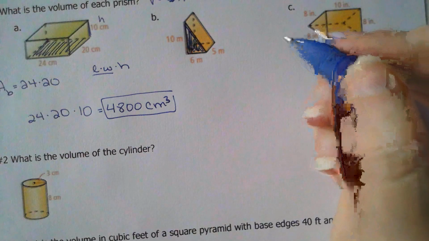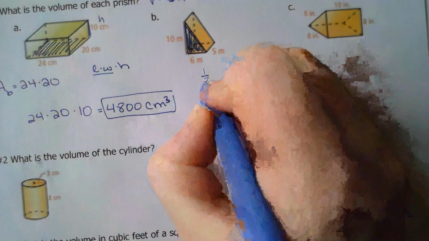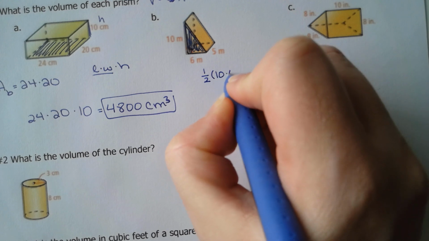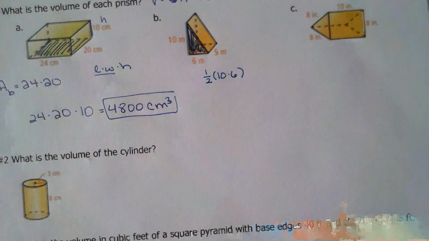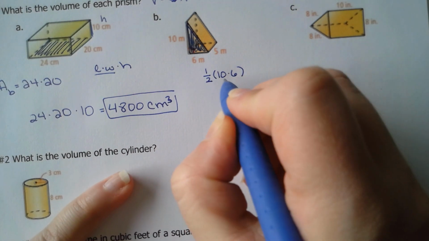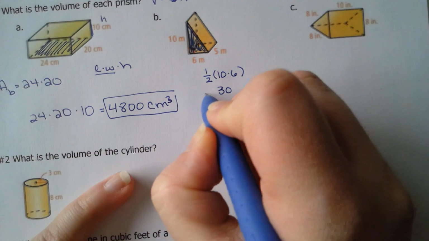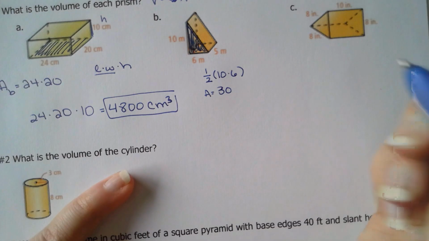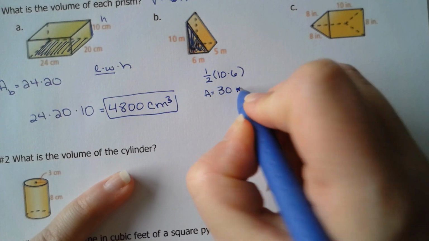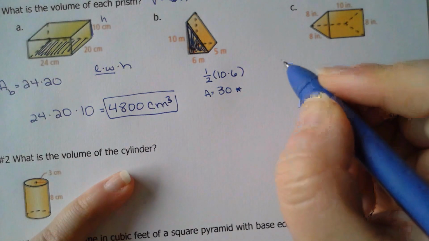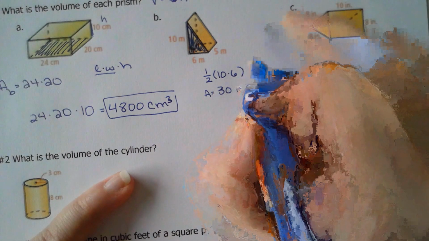How do I find the area of a triangle, guys? We learned this last week. It's going to be 1/2 base times height, or base times height divided by 2. We're going to take that and we're going to get 30. That's my area. And then we're going to multiply that times the height of this prism, which is 5.